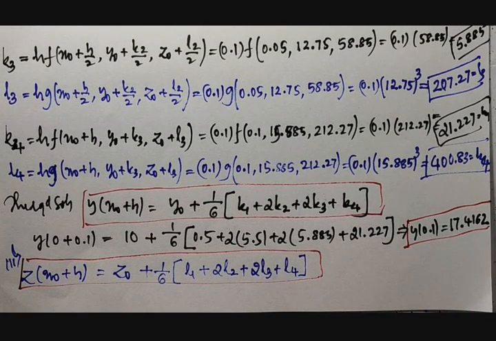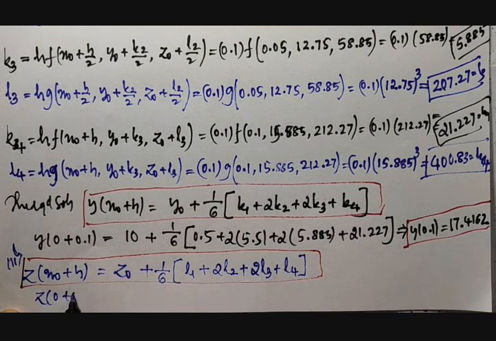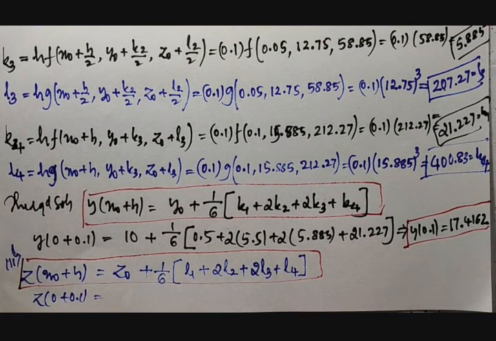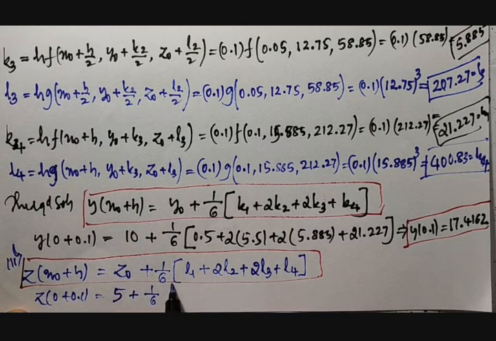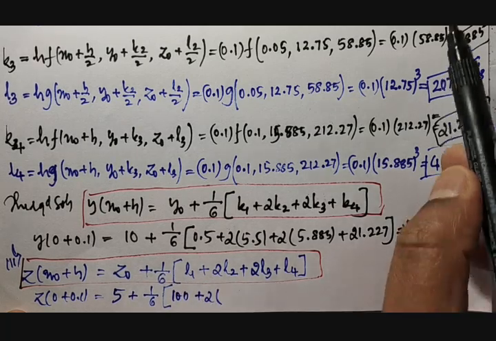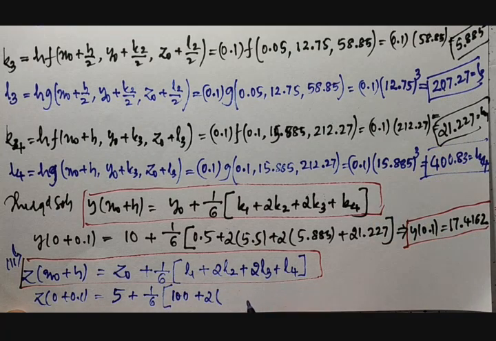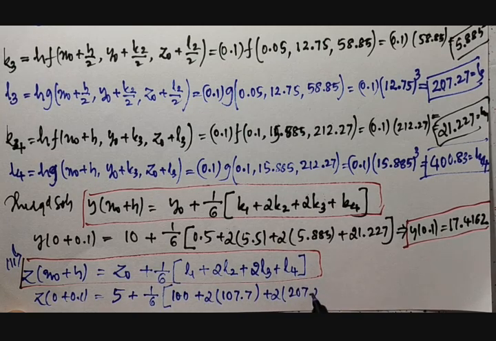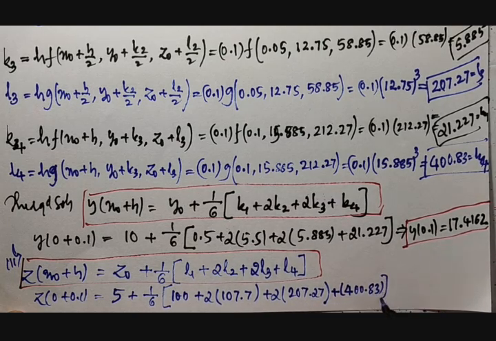Therefore, this is equal to z of 0 plus 0.1, which is equal to z naught is 5 plus 1 by 6 times L1 is 100 plus 2 into L2 is 107.7 plus 2 times L3, that is 207.27 plus L4, that is 400.83.